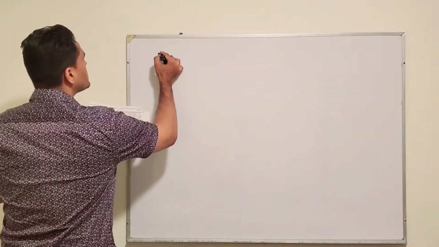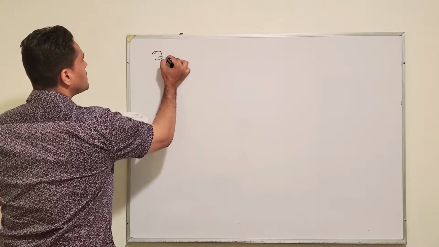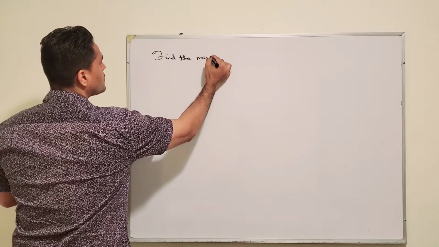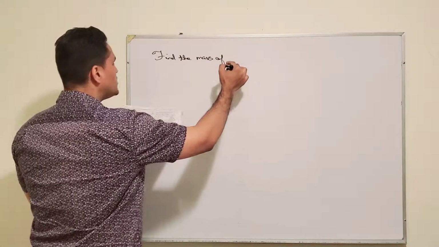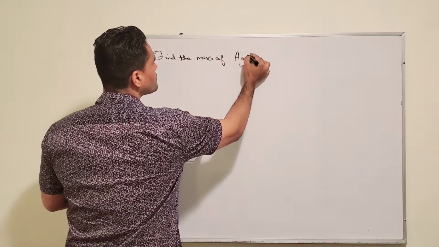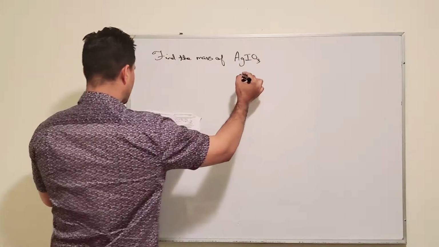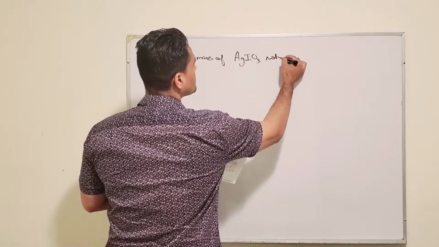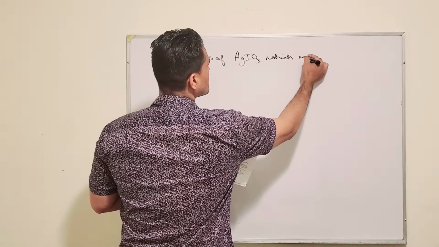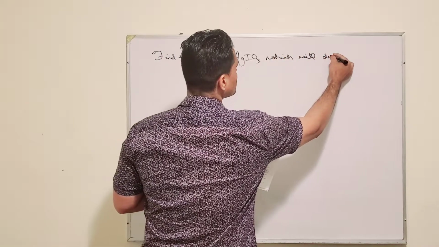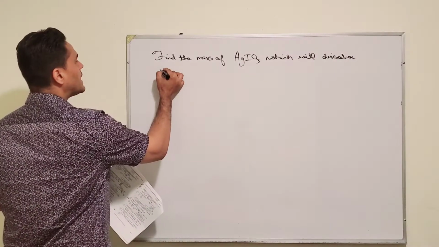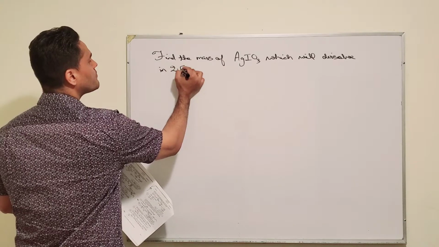So the question says, find the mass of AgIO3 which will dissolve in 2.5 liters.